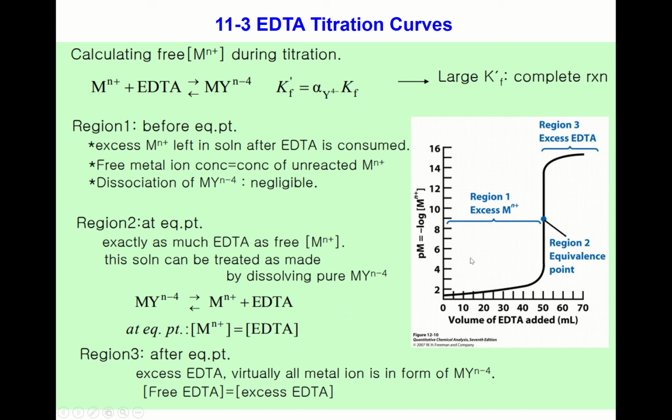And what is the free metal ion concentration after the equivalence point? Here excess EDTA exists, beyond this point. Excess EDTA is the free EDTA concentration, and using the conditional formation constant, we can easily calculate the free metal ions.